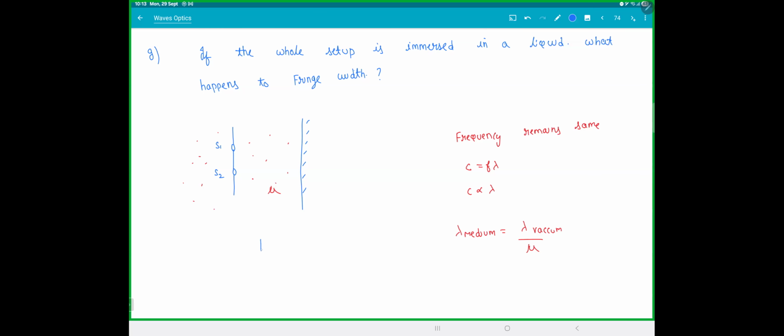So the new fringe width will be lambda medium capital D by small d, which is 1 by mu times lambda vacuum capital D by small d. So it decreases. Clear with that?